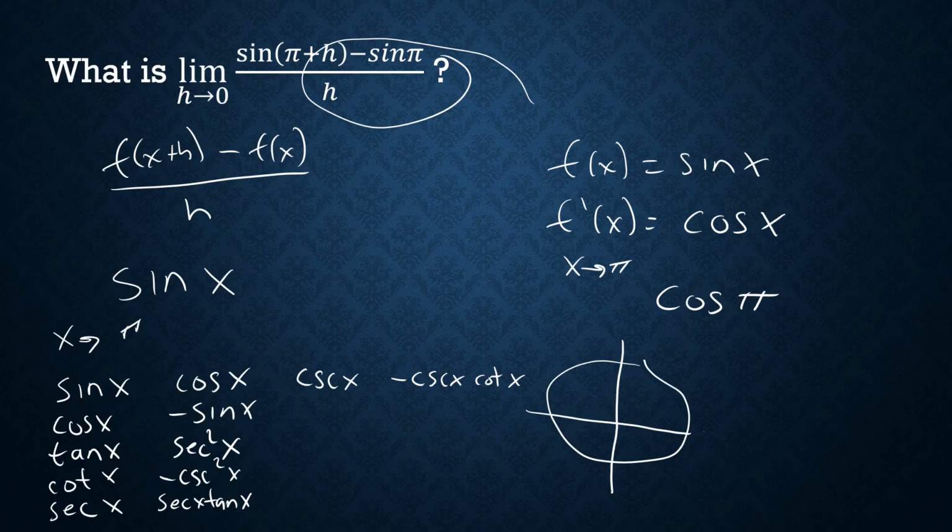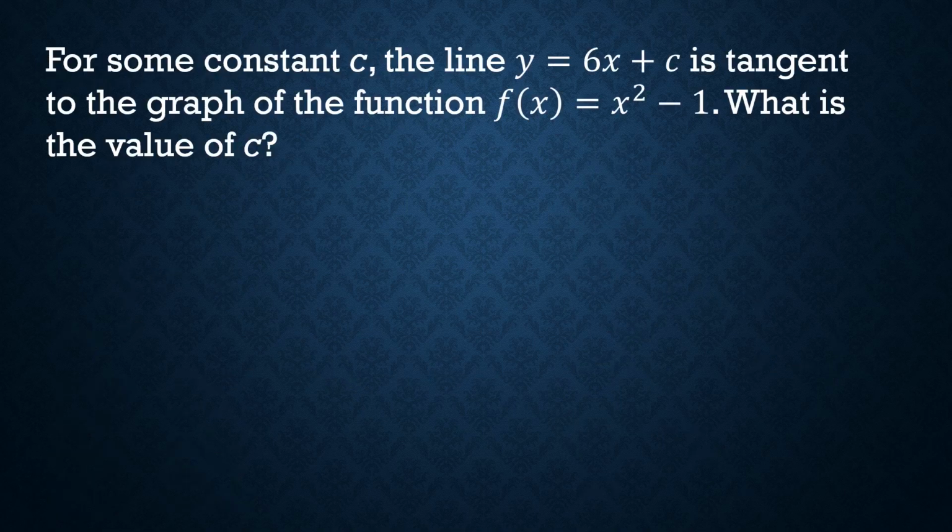We got 0 radians, pi over 2 radians, pi radians, 3 pi over 2 radians, and 2 pi. So right on pi, your cosine is going to be -1. So it's going to be equal to -1.